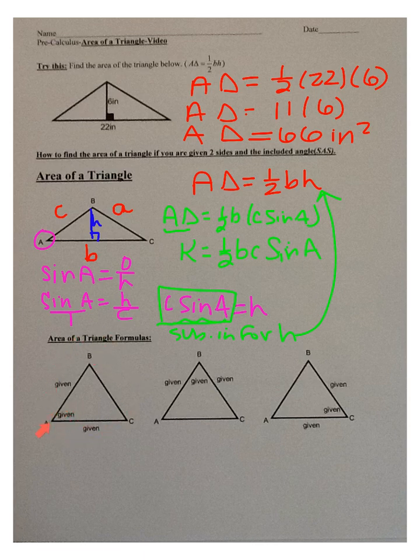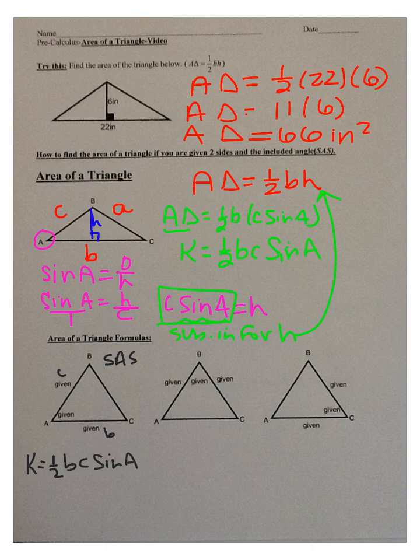So notice given angle A, given side b, and given side c. So I do have here side, angle, side. So this would be K equals 1/2 bc sine of angle A. So let's take a look at the middle triangle.